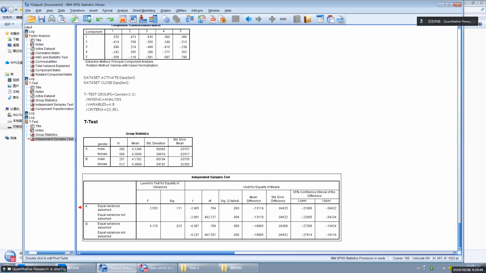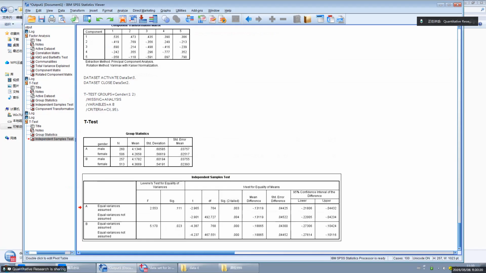But this t and p has to be the t and p in the second row. And then you say girls score significantly higher than boys, and report the mean scores and standard deviations for girls, then for boys. That's it.